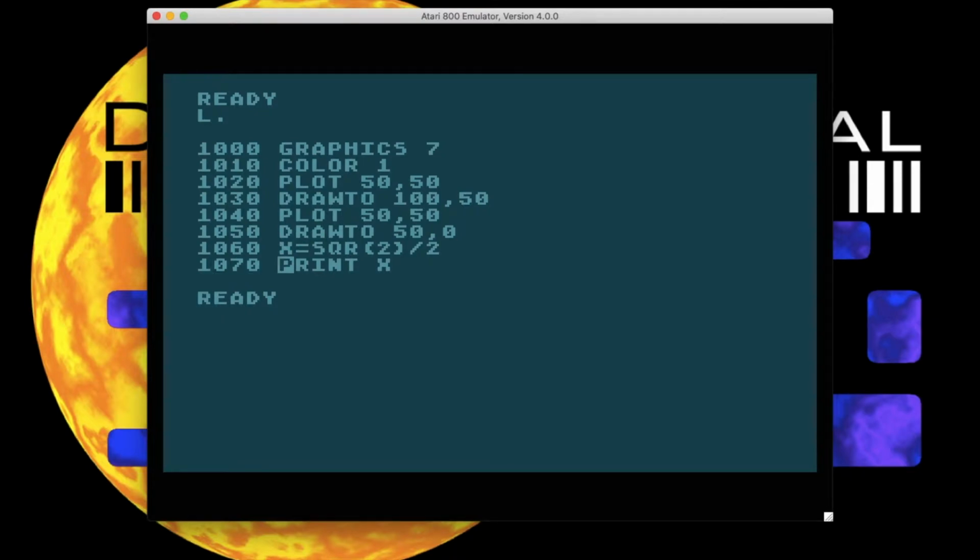So try it again. Plot 50, comma 50, 1080. Plot. I actually draw 2. GR. X, we're going to go 50 plus x times 50.